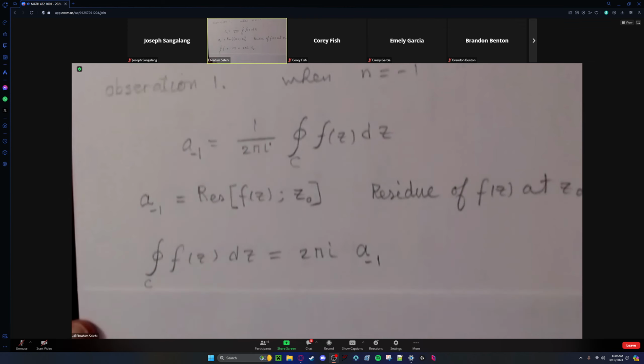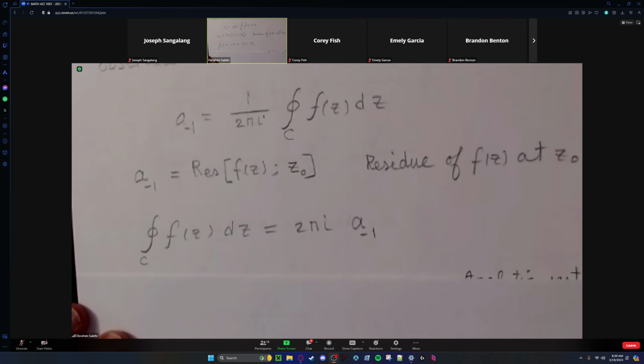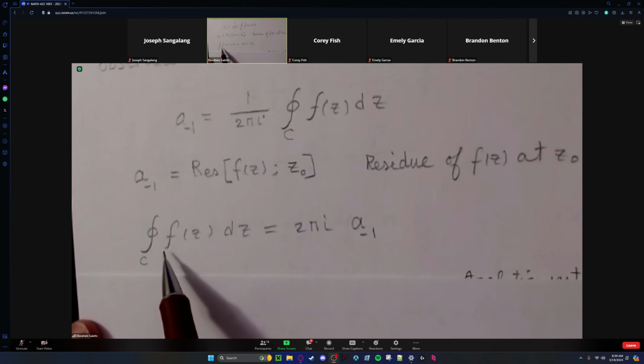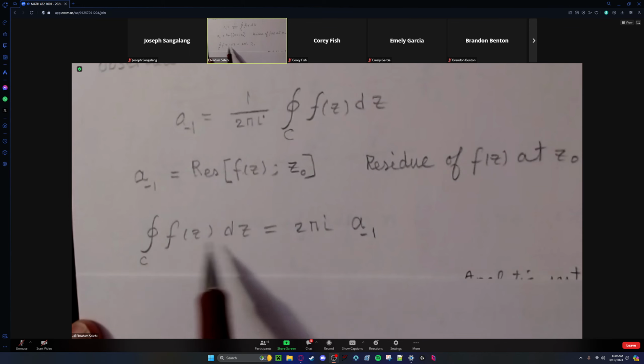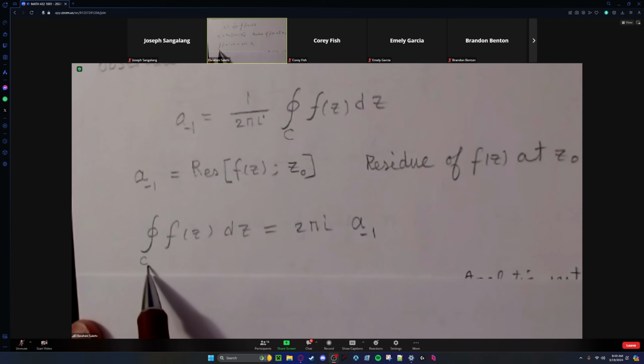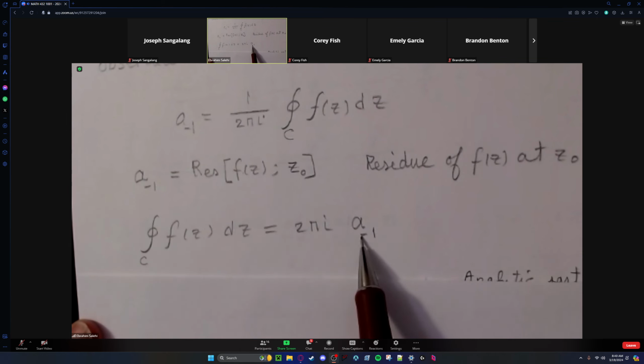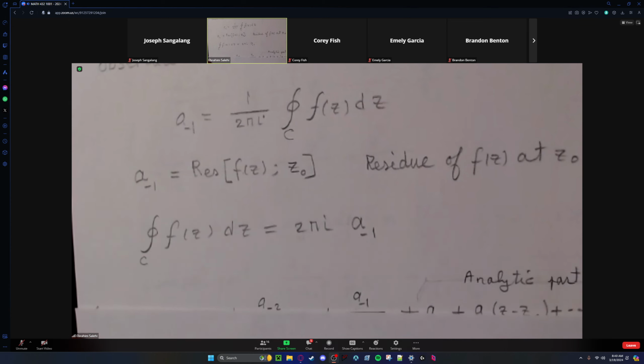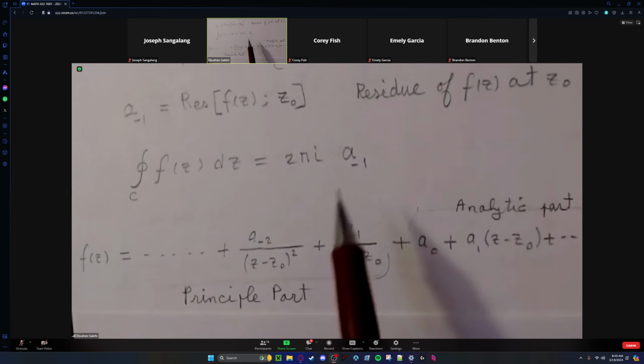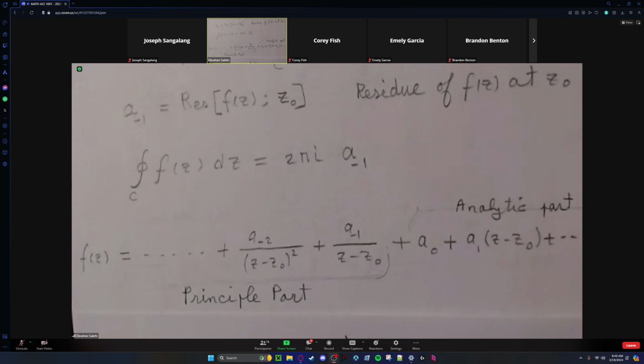And as a result of this observation, the integral of f(z) dz over a closed curve that contains that z naught is 2 pi i times this coefficient of 1 over (z minus z naught). All right, that's a beautiful observation. We will use this a lot.